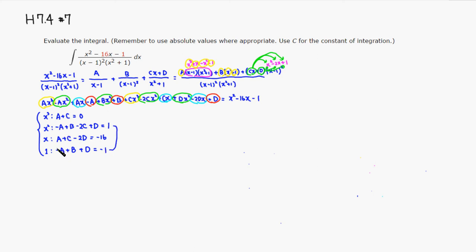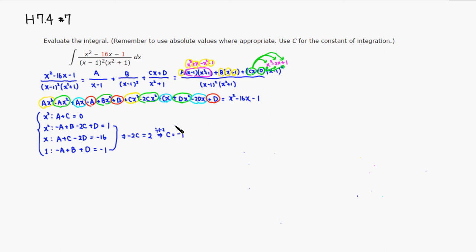Negative a minus a cancel out, b minus b cancel out, negative 2c minus 0 is negative 2c. D minus d cancel out, and then we have 1 minus negative 1, so it's 2. So by dividing through by negative 2, we get c equals negative 1.